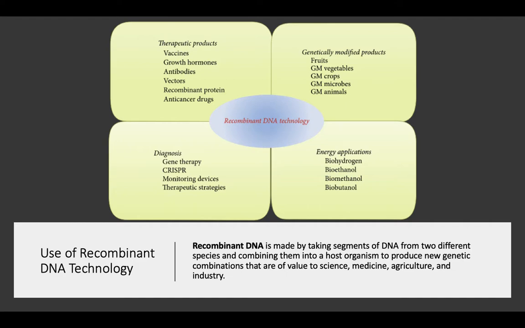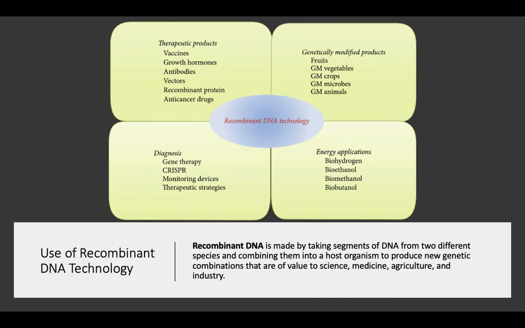So in your notes, you're going to list some examples of how recombinant DNA technology can be used. For example, under therapeutic products, you know that recombinant DNA technology can be used in the form of vaccines or antibodies or anti-cancer drugs.